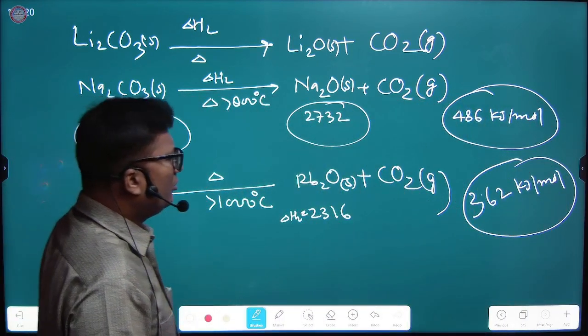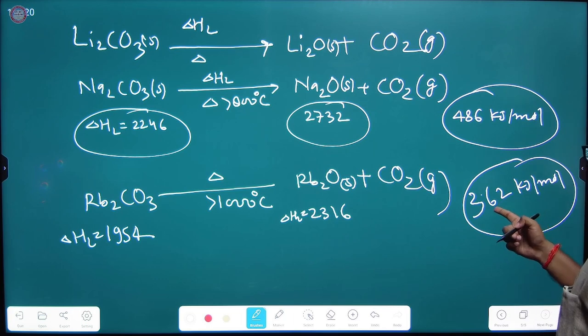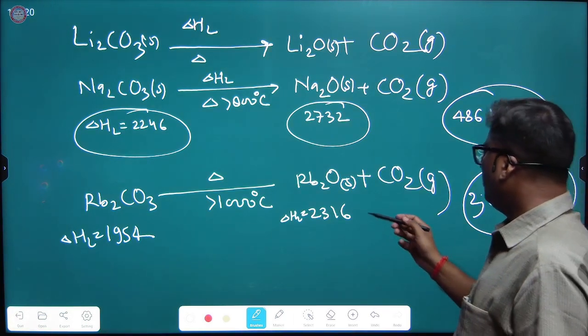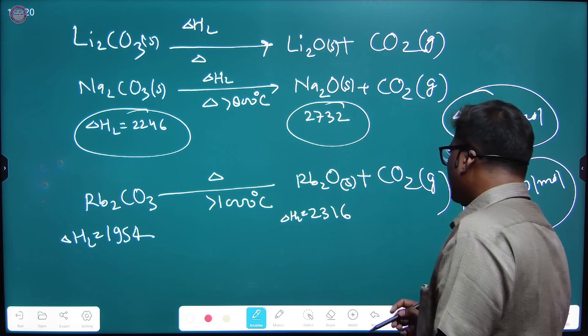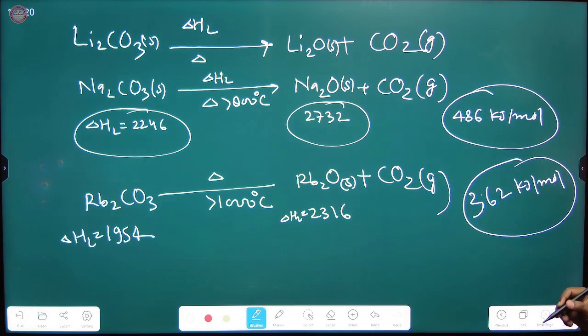So hopefully we can say that the value will be still lower than this. It means the stability of the monoxide is not so high.